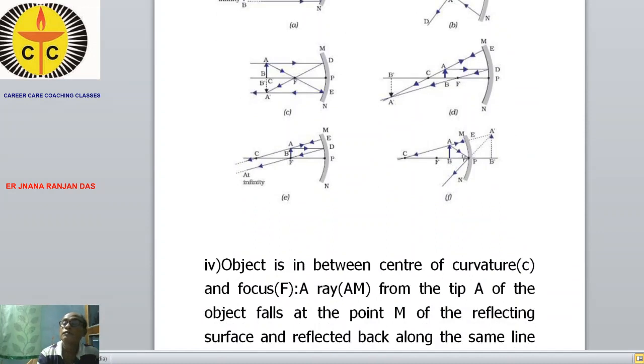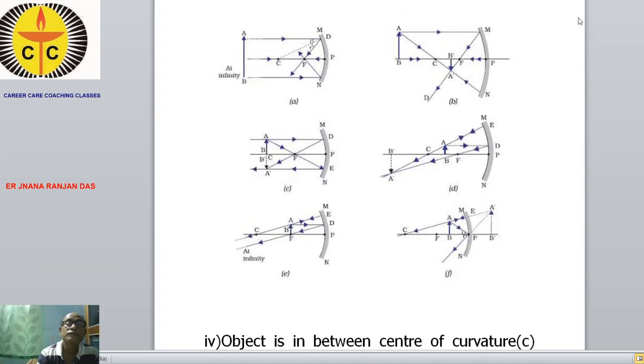So here your extended object is placed at infinity, and from infinity parallel rays fall on the spherical mirror, in this case a concave mirror, parallel to the principal axis.